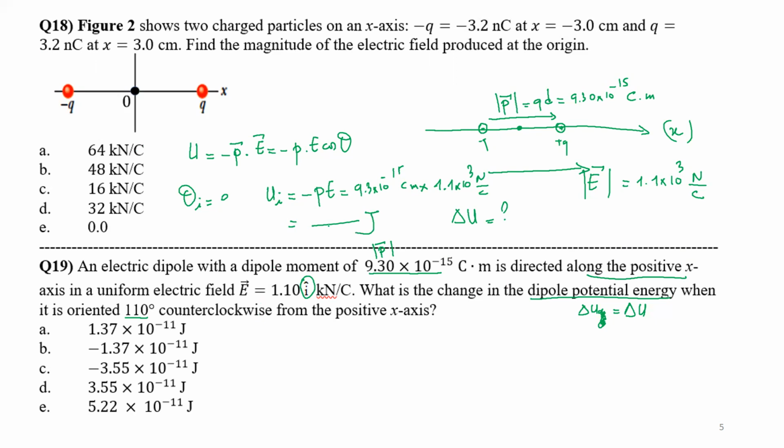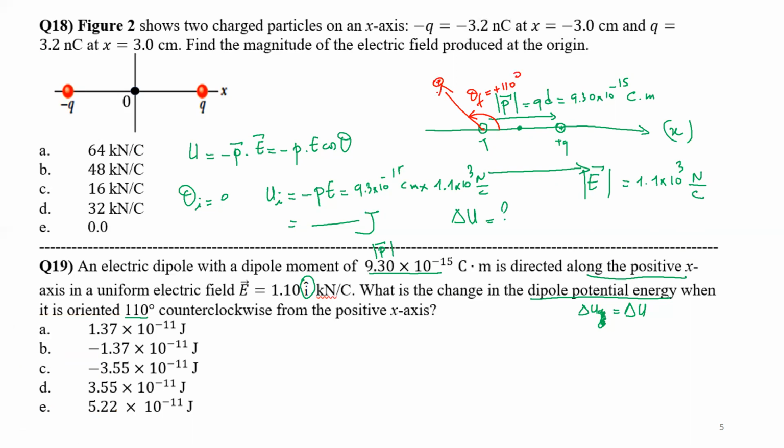Now, what is the final potential energy? As I said here, the final potential energy happens when now my dipole moment is going counterclockwise. So basically this angle here. Okay, so this is counterclockwise, of course, and the new angle theta final is equal to plus 110. So my new dipole moment is this.